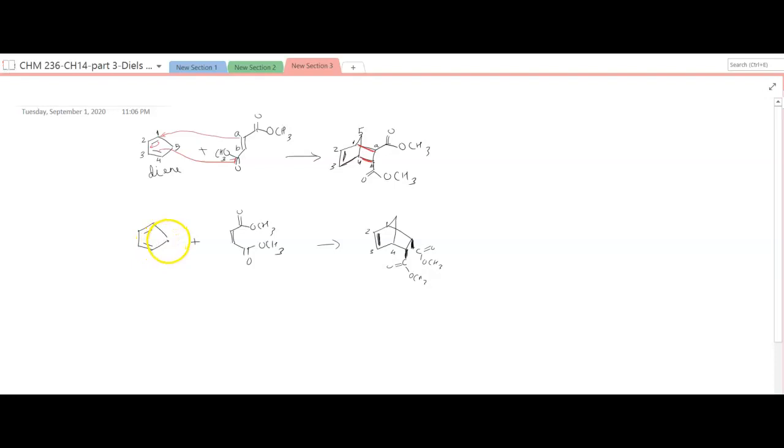Now, it has been observed that whenever we have a possibility of forming a product where one of the groups can point up and the other group can point down, generally it is seen that the one that points down is more preferred, and we call this the endo cycloadduct. There are two cycloadducts that are possible, an endo product and an exo product.